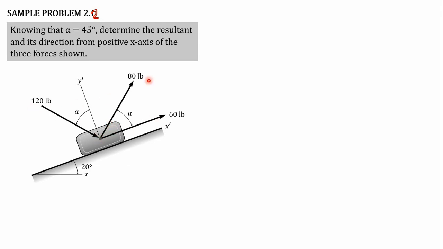Okay, so 20 pounds, 80 pounds, and 60 pounds. Okay? So, yung pinadidetermine sa atin is yung resultant ng tatlong forces na ito. And its direction also. Okay, so yun yung pinadidetermine sa atin.